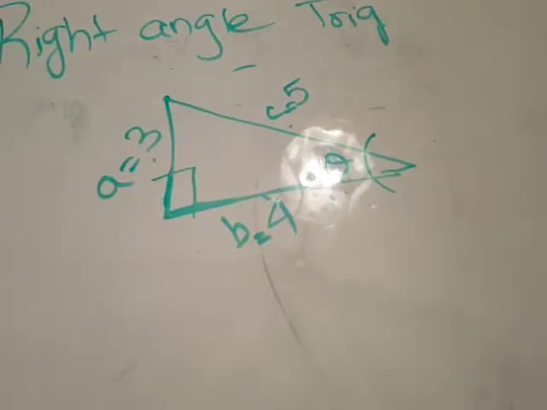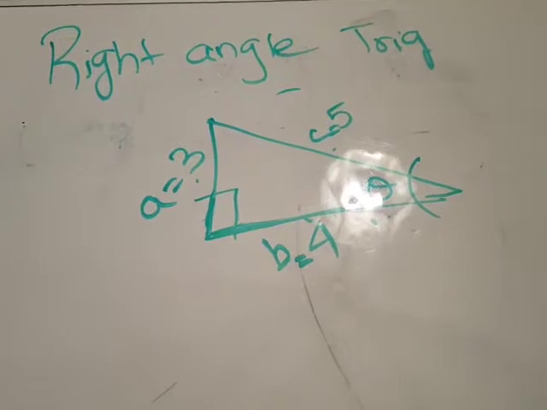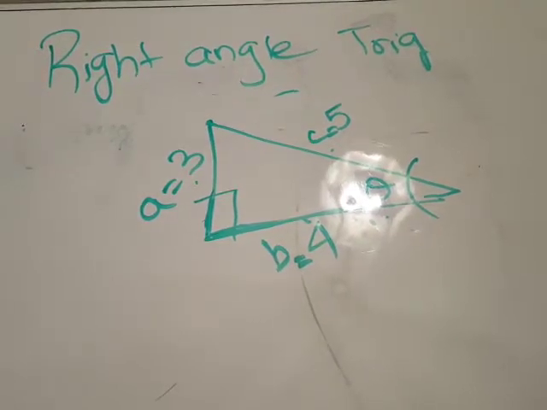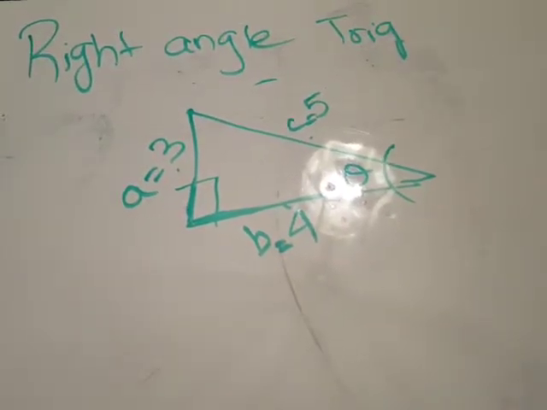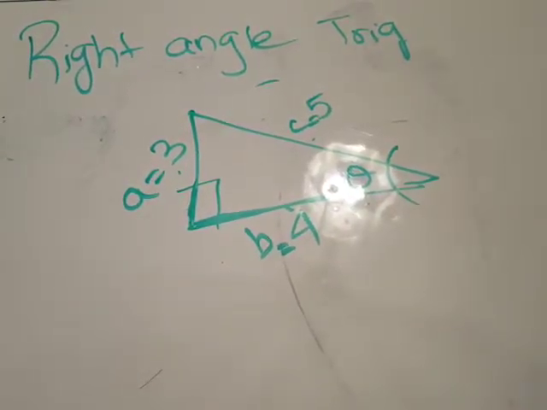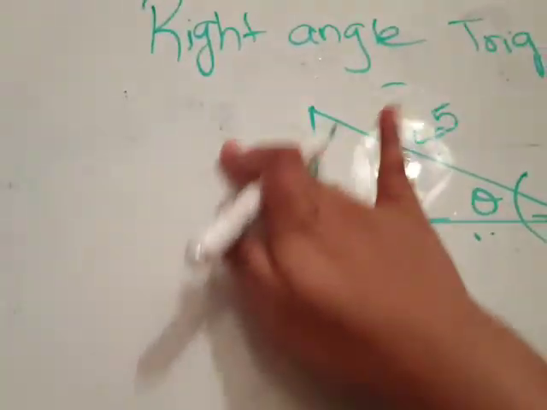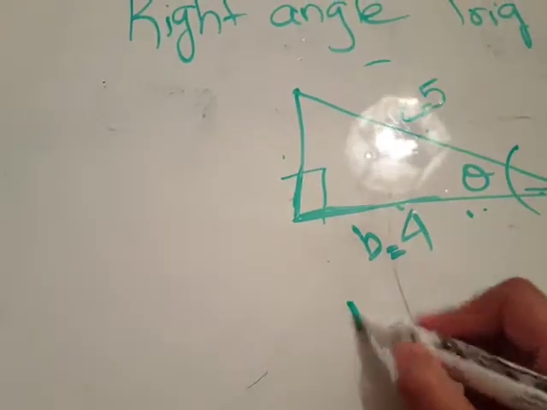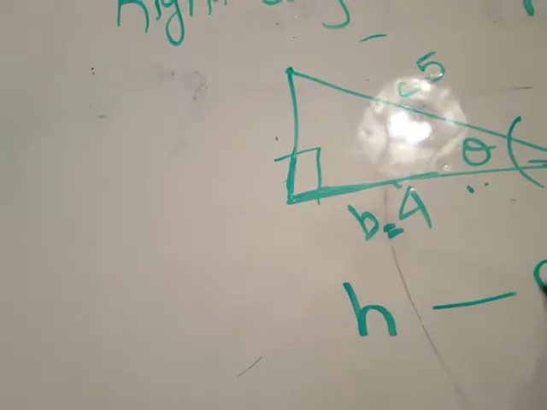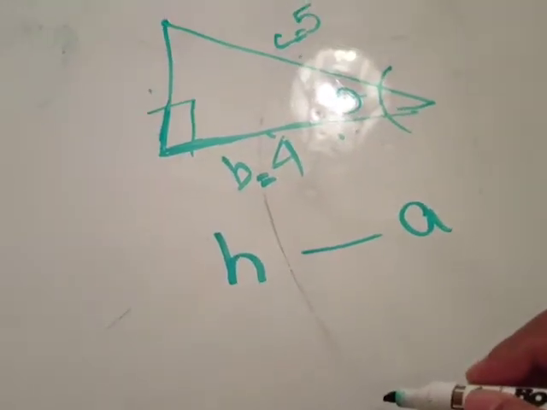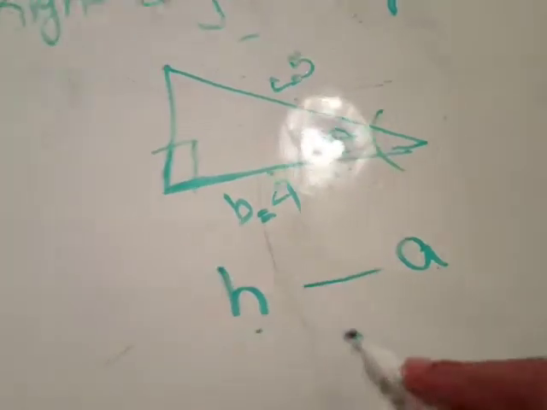You can just make out which formula is to be used here. This side is not known here. So what is known? H is known and A is known, right? So I'll find in which angle formula I have H and A both.